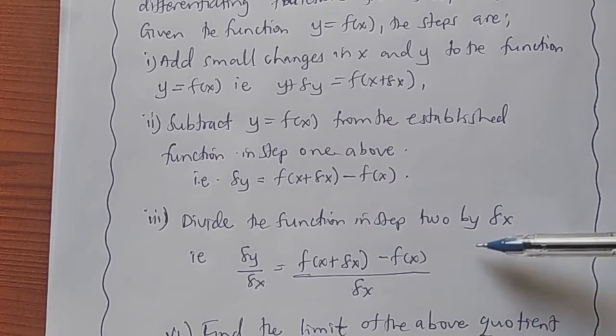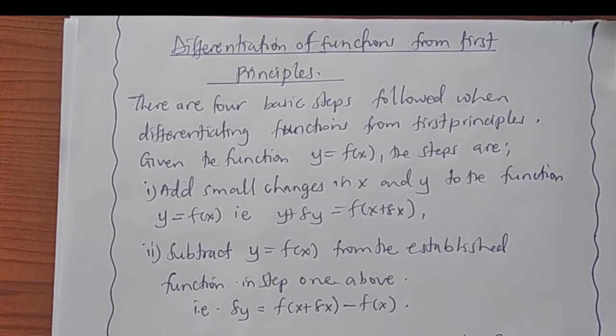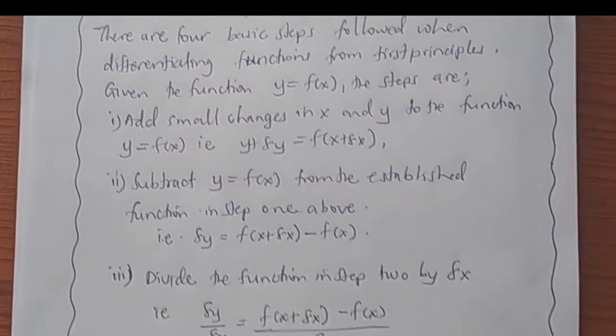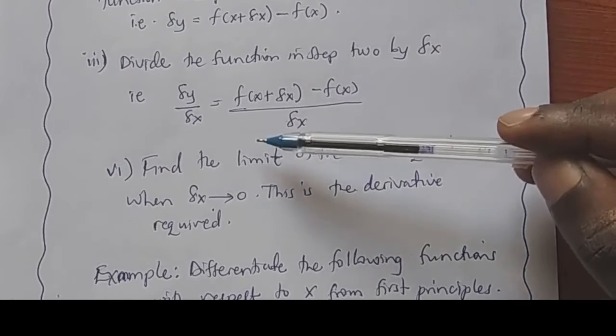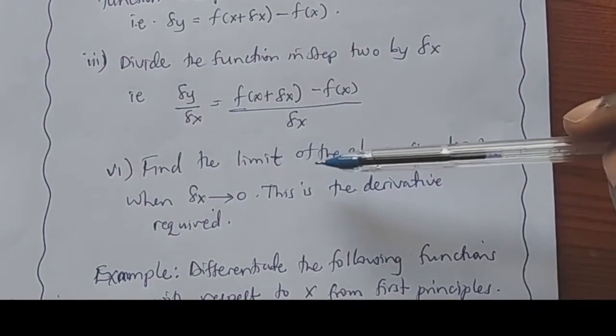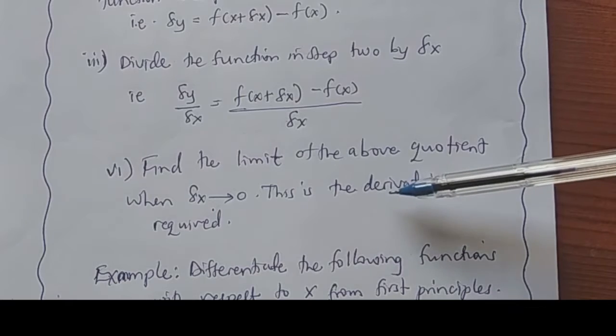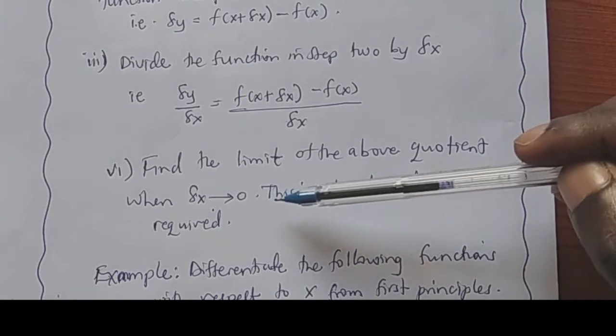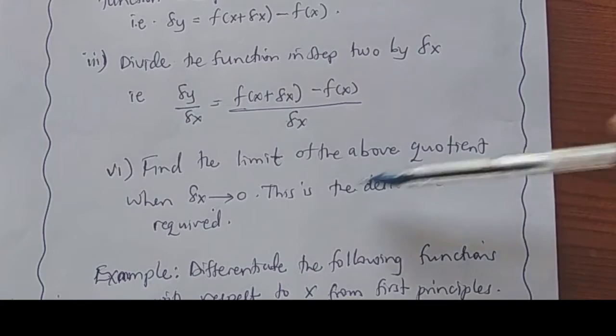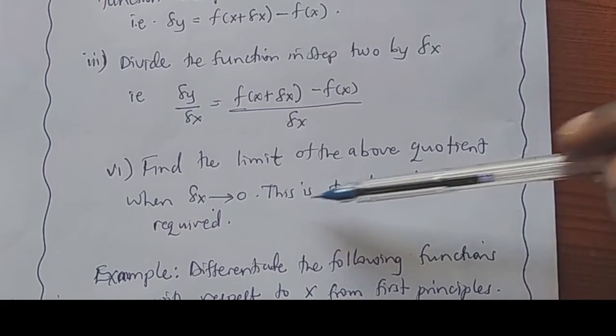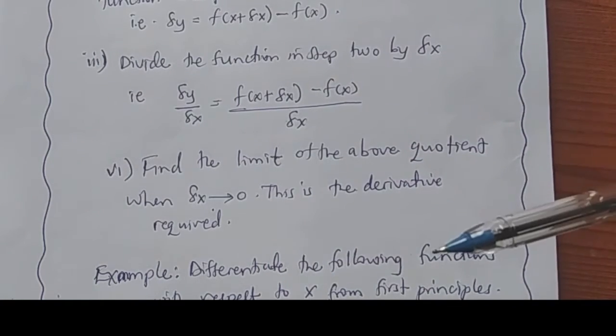Then divide by change in x. So I have this divided by my change in x. After that, we find the limit of what has been got, and we shall find when we take that limit to the change in x going towards 0, we end up having the derivative.